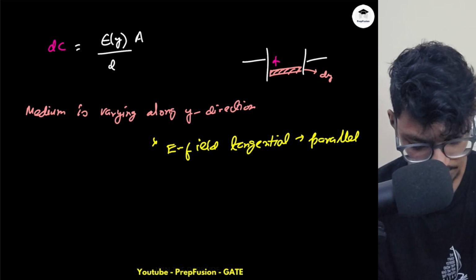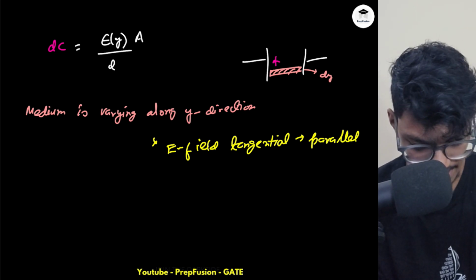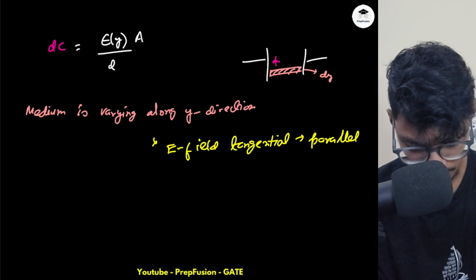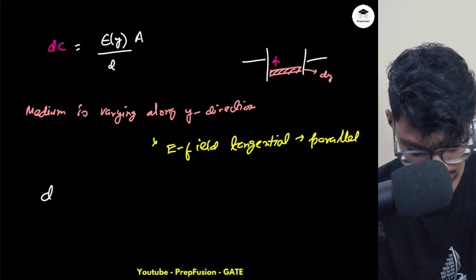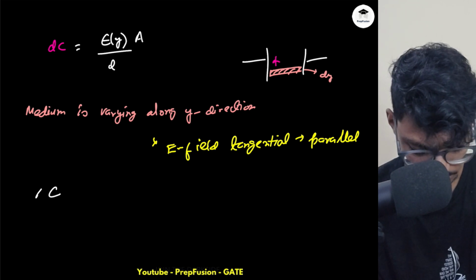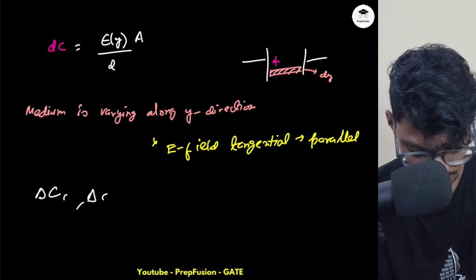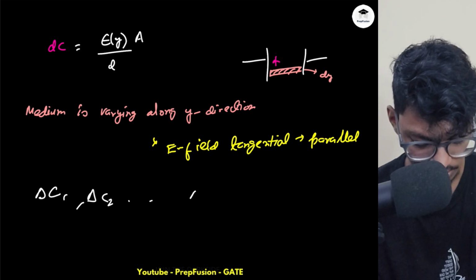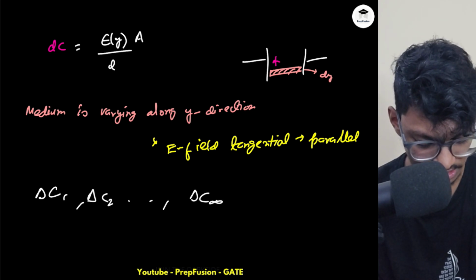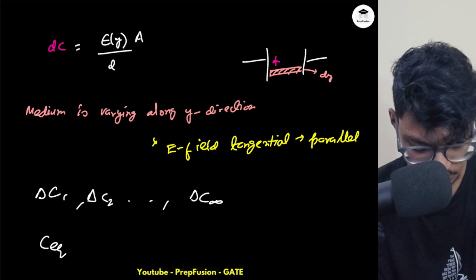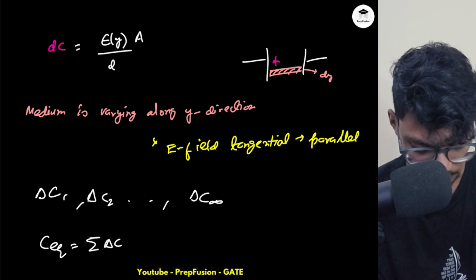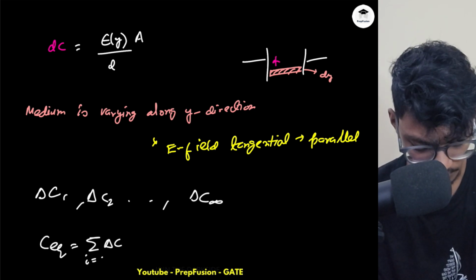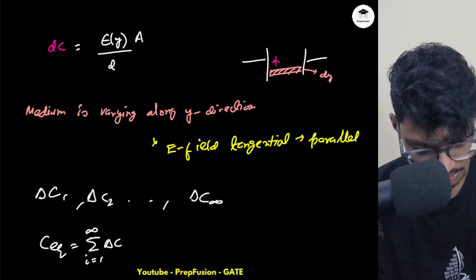If they are in parallel, then I can simply add. I will get some small capacitance delta C1, delta C2, up to infinitely small delta C. So if I add, C equivalent will be the summation of all these delta C, from i equals 1 to infinity, correct?